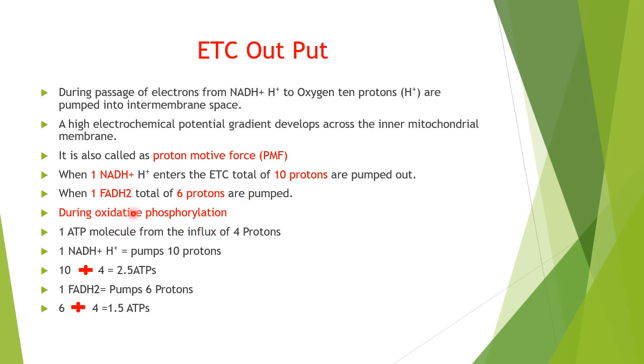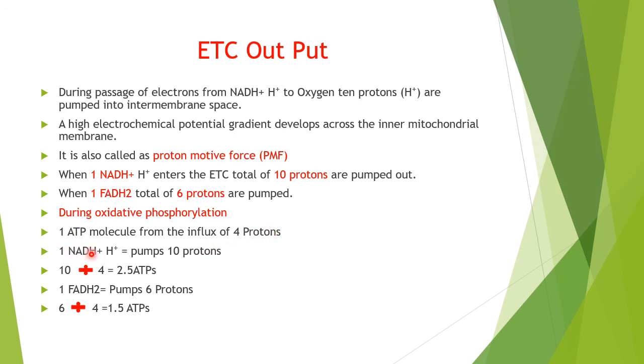During oxidative phosphorylation, which will be part of the next video, we will see that one ATP molecule is generated from the influx of 4 protons. When 4 protons are pumped back to the matrix side through a proton channel, there is a generation of 1 ATP.